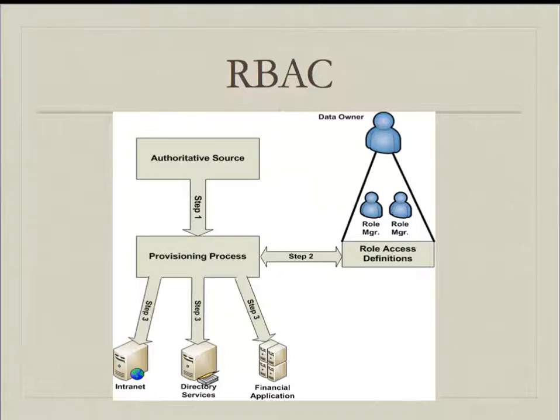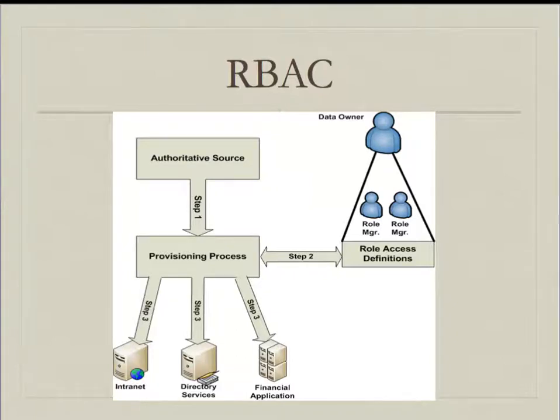That information, probably during the night, is sent to the provisioning application. The provisioning application goes out and looks at roles that have been defined and compares it to, usually it's the job code for the employee that came from the HR system.